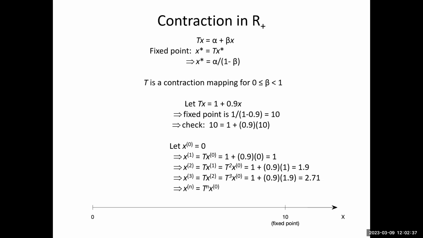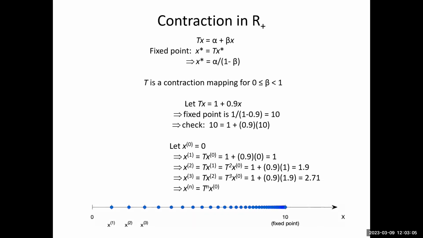Let's visualize this iterative process on the non-negative real line. We start from an initial value of 0 and then obtain x1, x2, and x3. Repeated application of the operator brings us as close as we want to the fixed point.